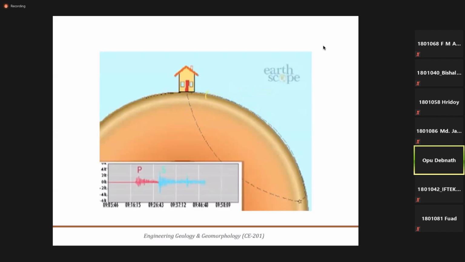The waves that come through this path, that means if this is the propagation point, the waves that move through the earth are the body waves, and those that travel through the surface of the earth are the surface waves.